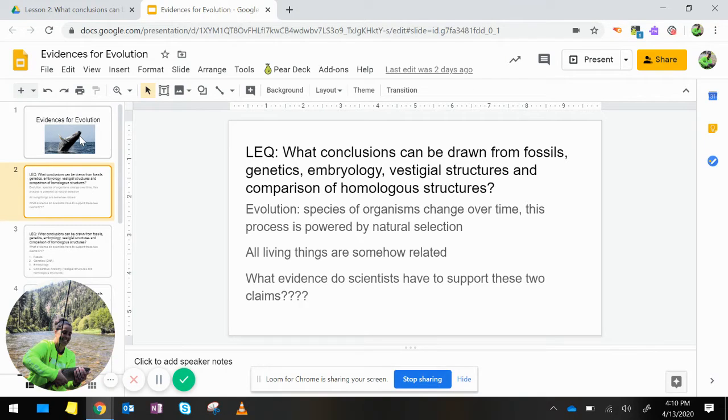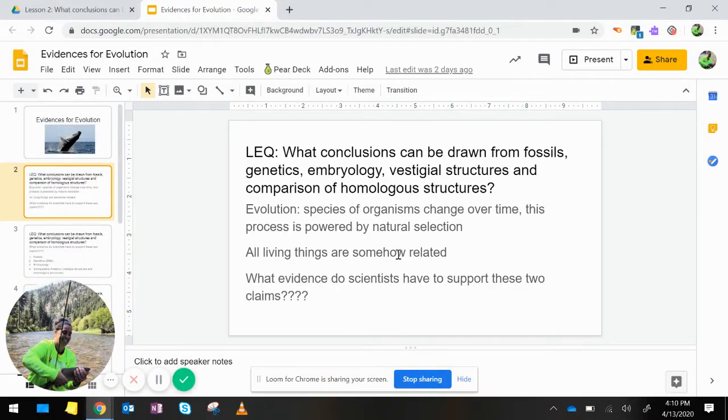So you have this idea of evolution, species of organisms changing over time, and it's powered by the process of natural selection. The other claim that scientists have is that all living things are somehow related.